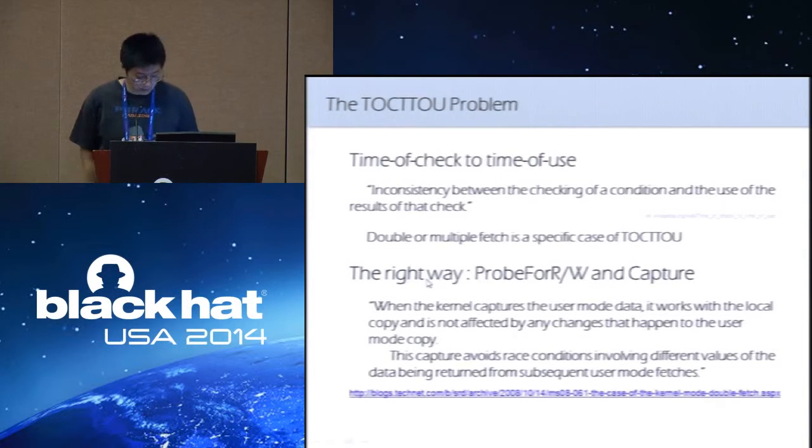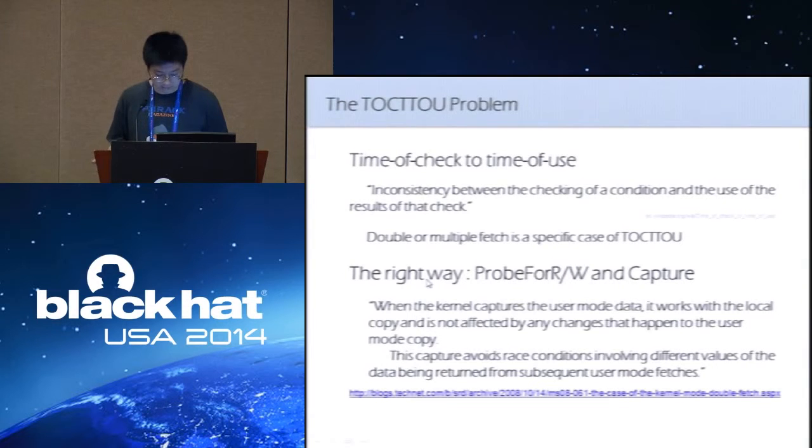When the kernel is reading or writing user mode data, the user mode thread could arbitrarily modify the very same data. So the kernel is required to evade any data inconsistency, and the standard way is conducting the probe and capture.